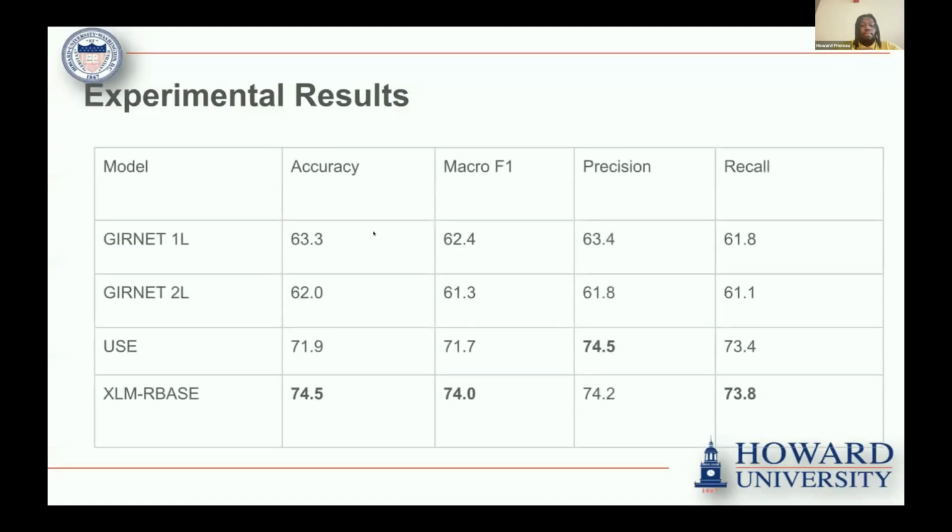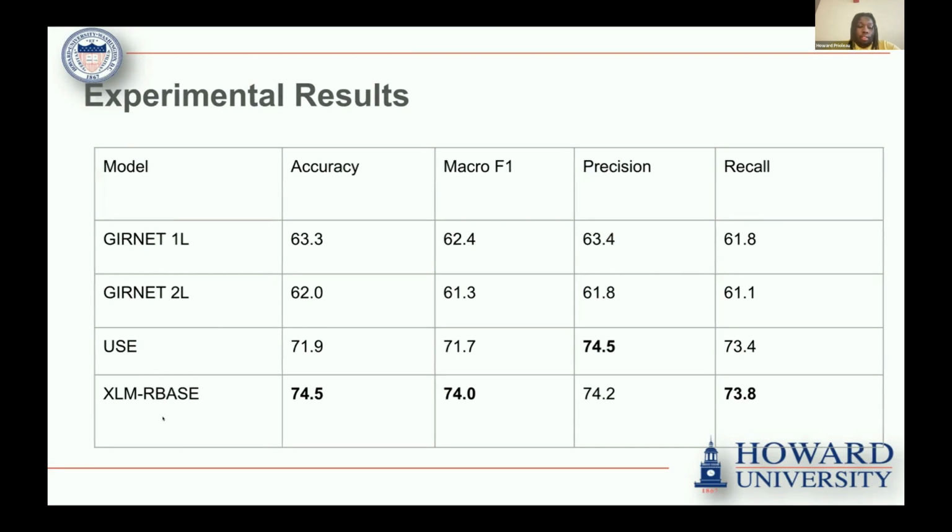And our results. As you can see, we were able to outperform the GERNet baseline models pretty well with both of our proposed multilingual models. With USE not being as accurate as our XLM Roberta base, it was still able to outscore with a 71.9% accuracy, 71.7 macro F1, a 74.5 precision, and a 73.4 recall.